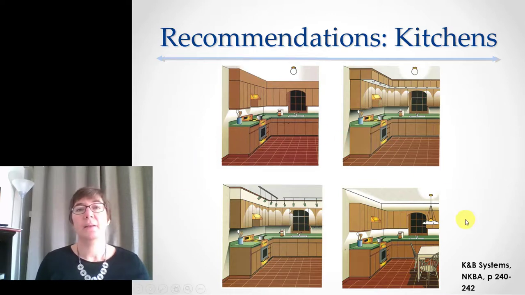And let's finally move to the bottom right here. In this scenario, we've got three different lighting systems going on. We've got a central pendant. The central pendant is providing both general or ambient light, and it's also providing task light for this eating function that's happening right below it.